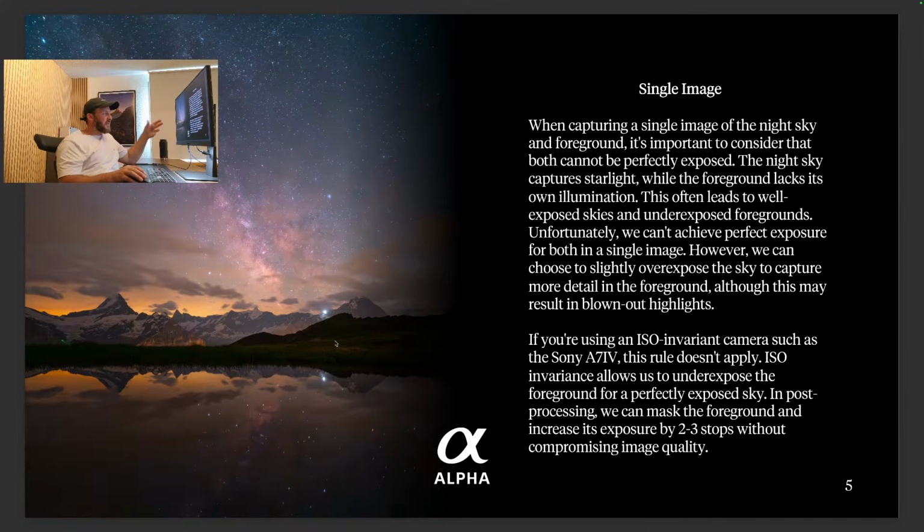As we can see, the foreground is always coming darker and the sky is always coming brighter. If you overexpose your sky and it's too bright, you have the chance of burning out the core of the Milky Way, and you cannot recover that part of your image. So it's really important to not overexpose your image and burn out.